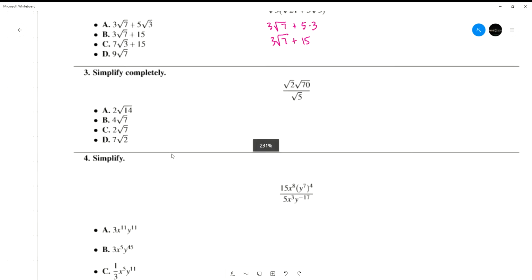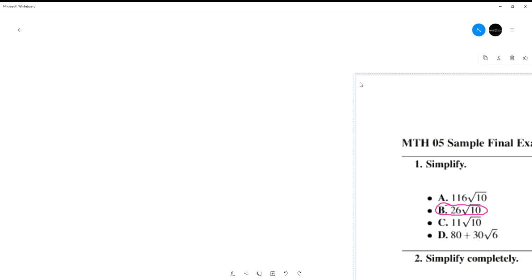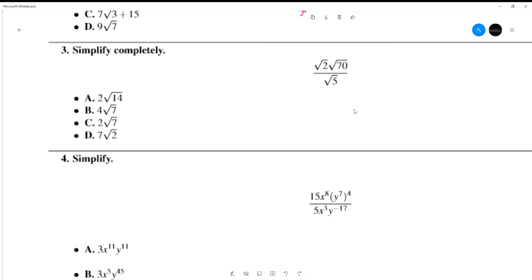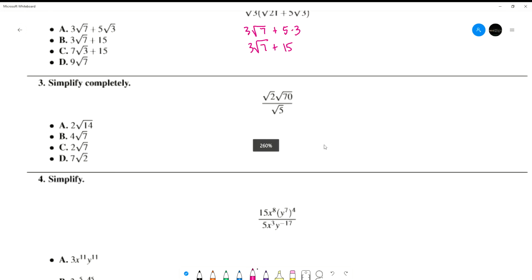Okay, number 3 is another easy one. Because of our properties and laws of radicals, you can actually write this as one radical. It's basically 2 times 70 over 5. I can see that the 5 divides into the 70, so this is 1 and this is 14.